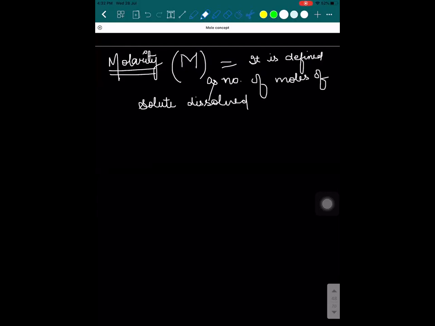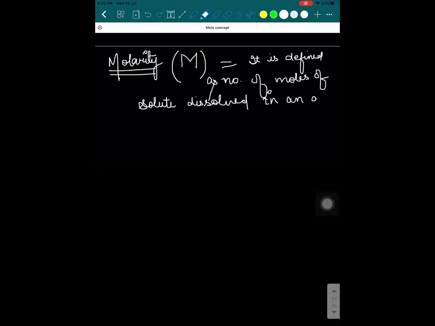How will you write its definition? Simply, in an amount of solvent.